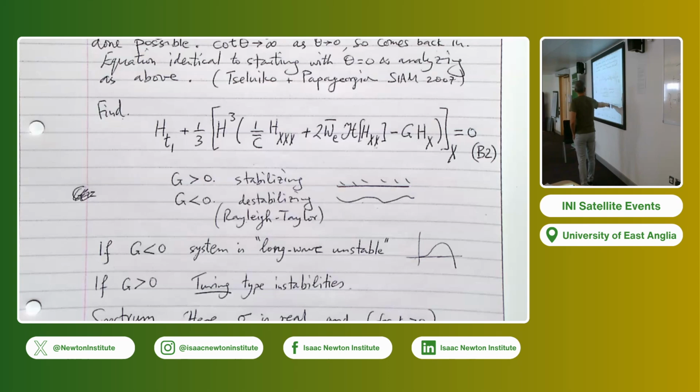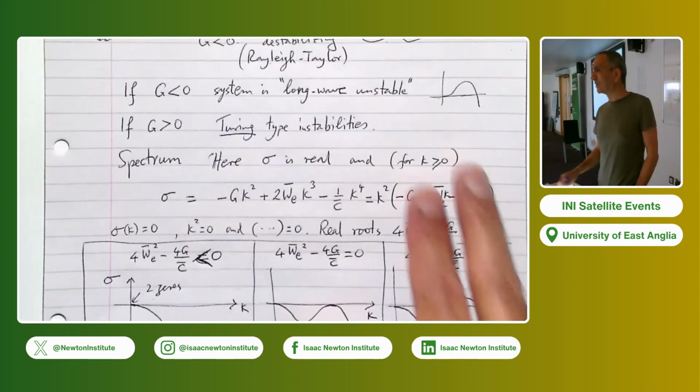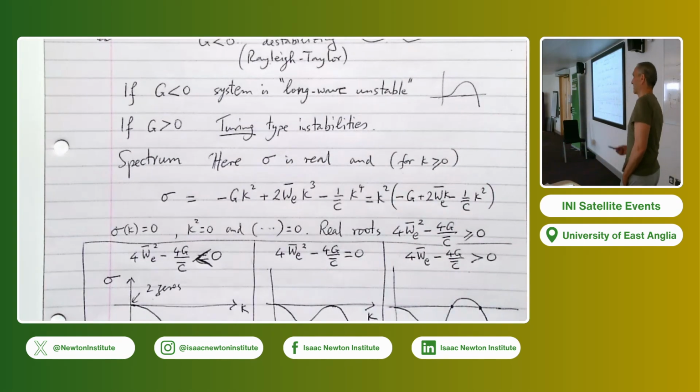So we saw that, first of all, if G is less than 0, this will add to instability, so it would even be unstable without an electric field. But if G is greater than 0, then we get new phenomena. These are called Turing instabilities.